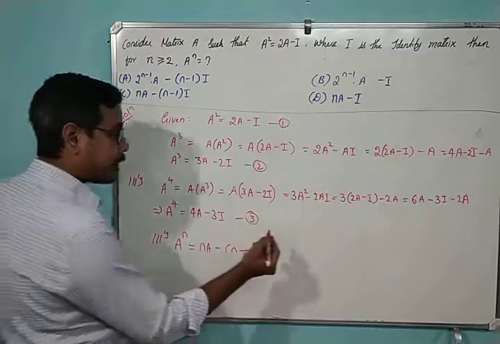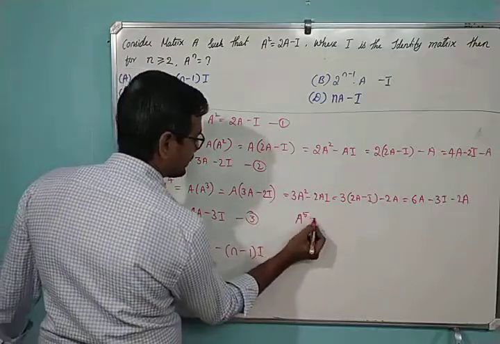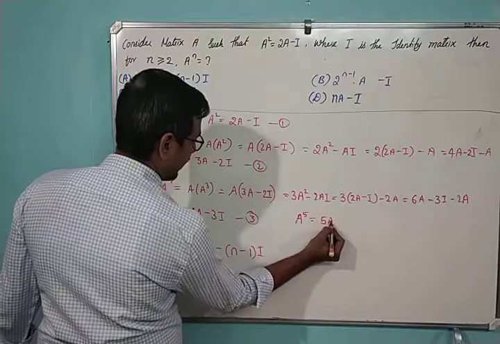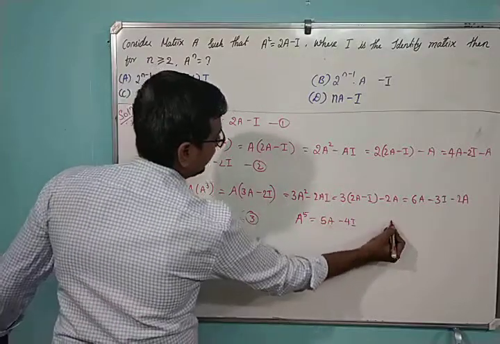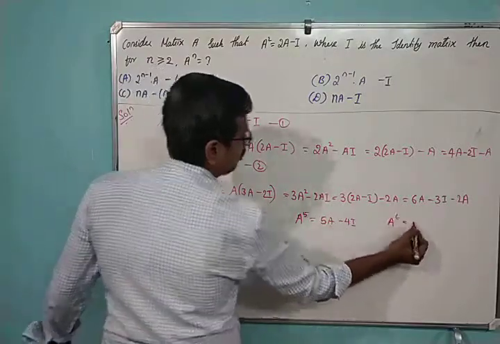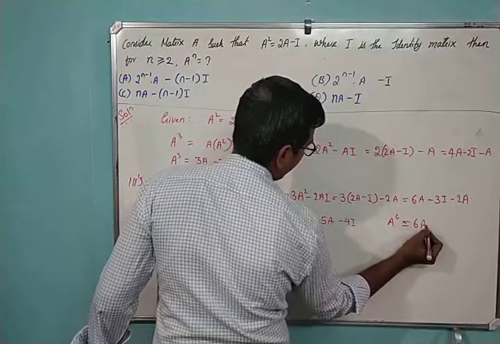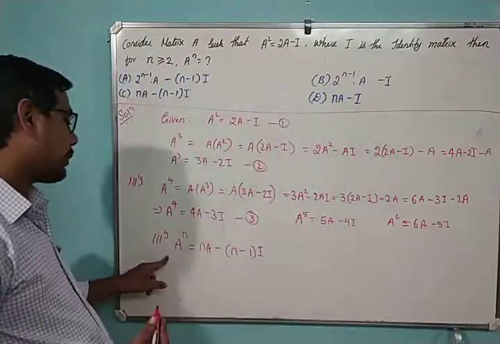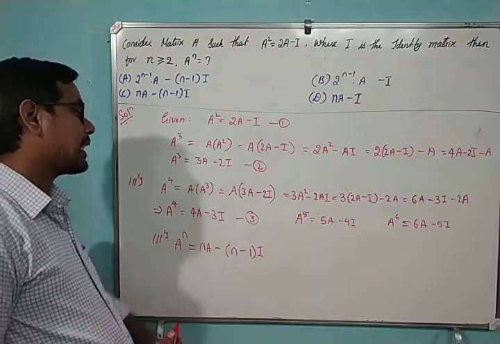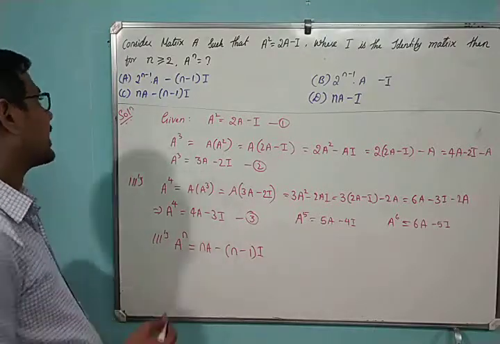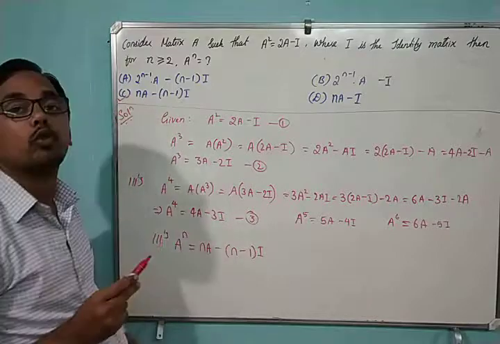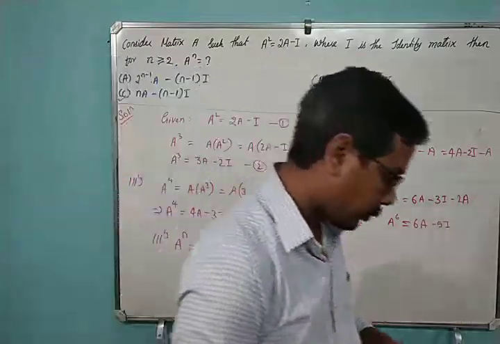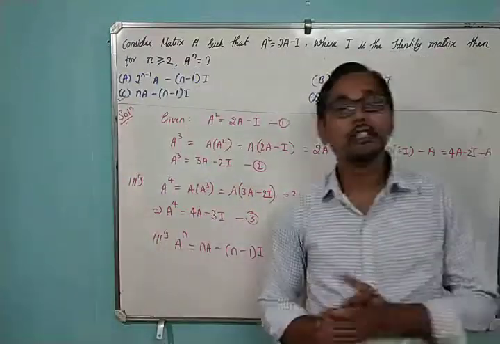If you take A to the power 5, we will get the same thing, 5A minus 4I. A to the power 6, you will get 6A minus 5I. So similarly, A to the power n will be nA minus n minus 1 into I. So which is the right one? Option C. So this was the last problem, and this is how it has to be solved.